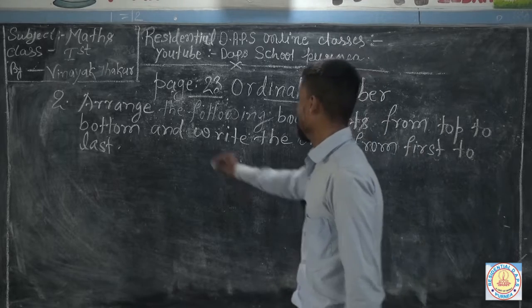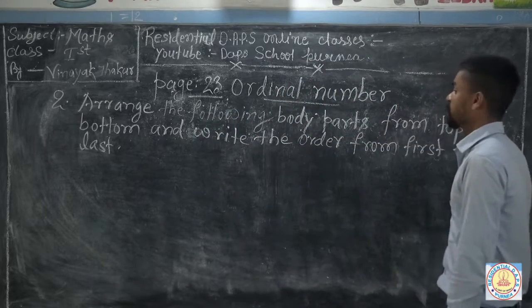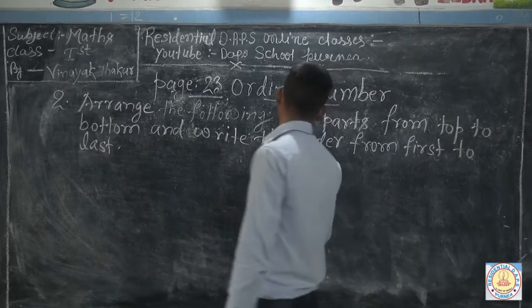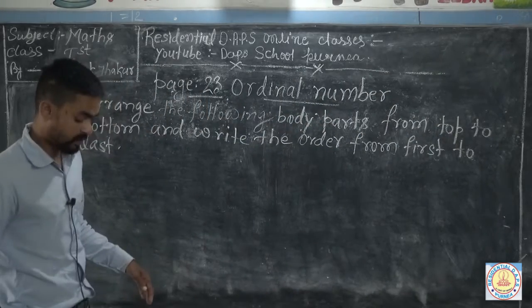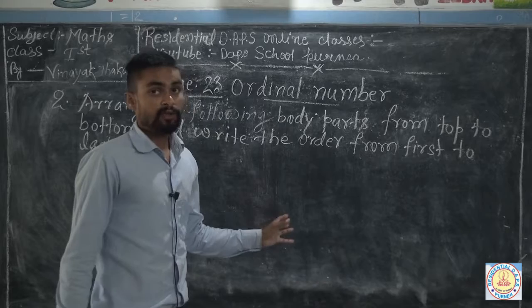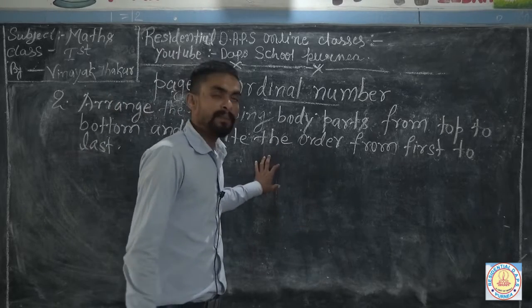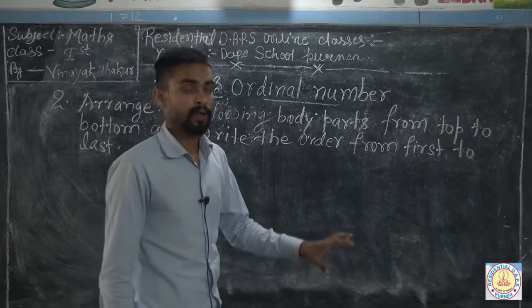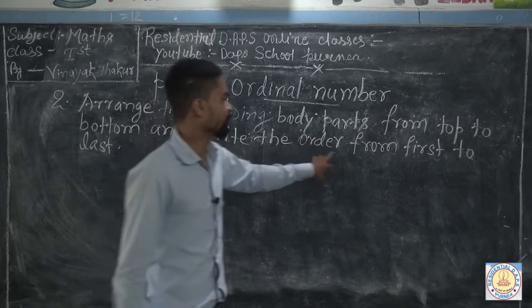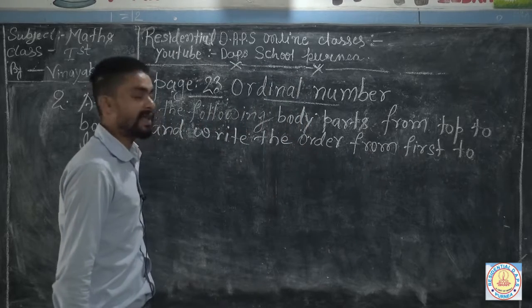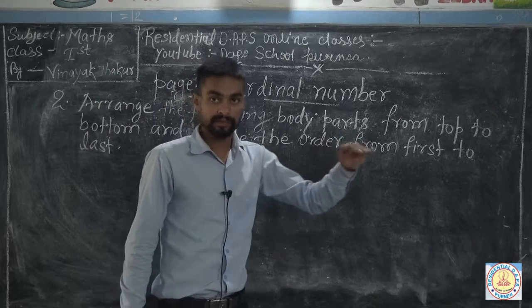So arrange the following body parts from the top to bottom and write the order from first to last. सबसे पहले तो अपने बॉडी पार्ट्स को, जो दिए गए बॉडी पार्ट्स हैं, उसको अरेंज करने हैं. और किस वे में अरेंज करने हैं? तो फ्रॉम फर्स्ट टू लास्ट, पहले से अंत तक.